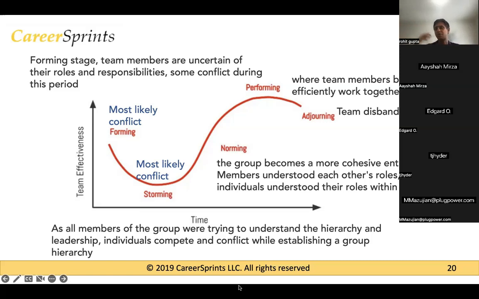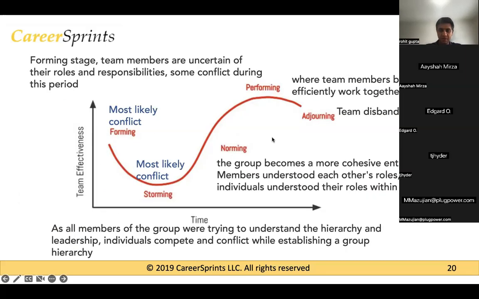Now these people may also have a certain number of years of experience, and because these people have different personalities, and different ways of thinking about the project, and they come from different technical backgrounds, there could be a conflict because of that, right? So this is called the storming stage, and the most likely stages for conflict are the forming and the storming stage.